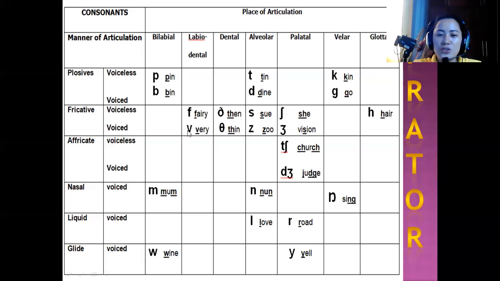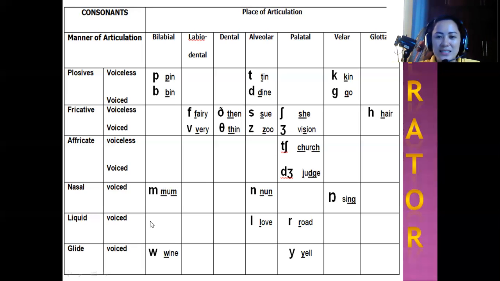I did not produce the sound of f since it's voiceless, and this v is the voiced, like in the words very, fairy. So why labiodental? Because we are using the upper teeth and the lower lip. So labiodental, as easy as that.